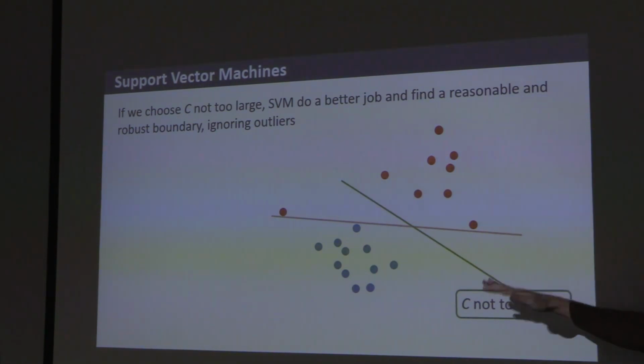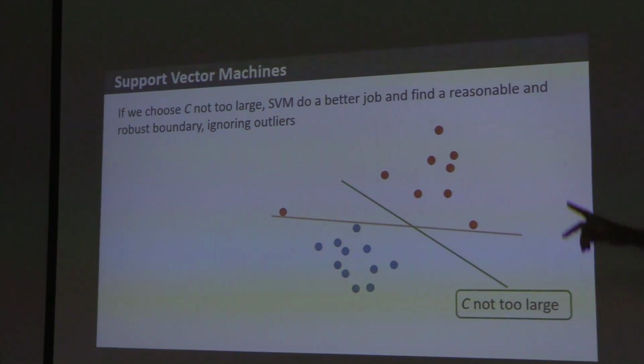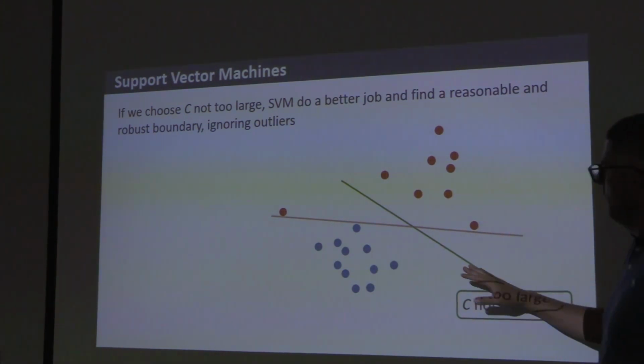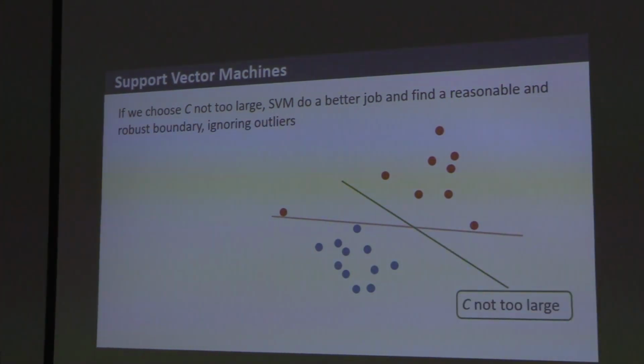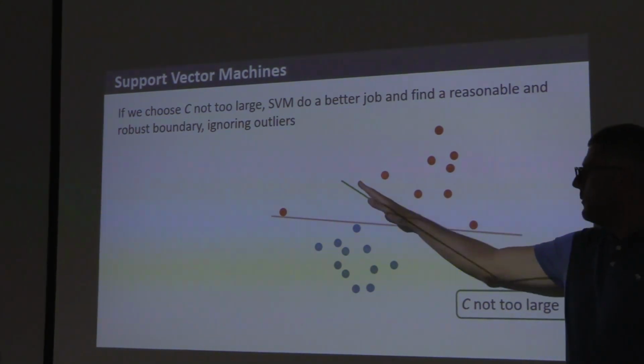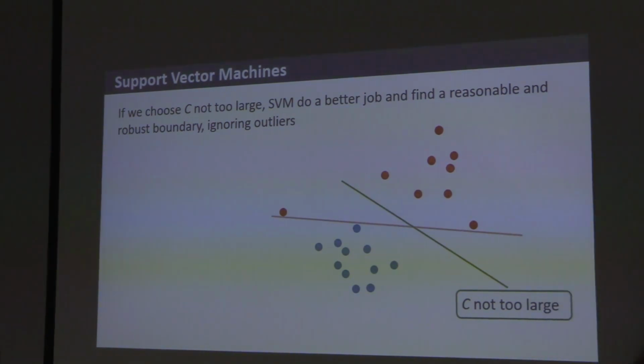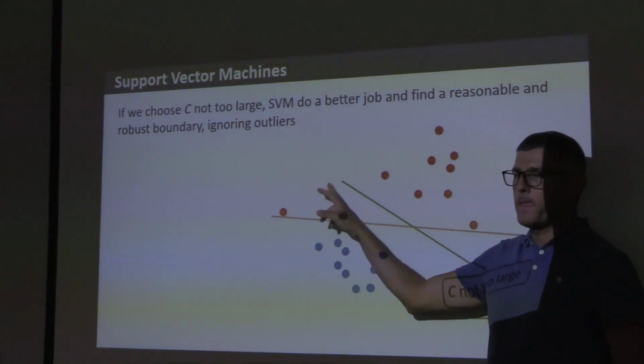While if we use a C which is not too large, we accept to have some cost. Let's say we accept to have some errors, and so the threshold we find with a C which is lower than the previous one could be this one, where we have some cost, of course, here.